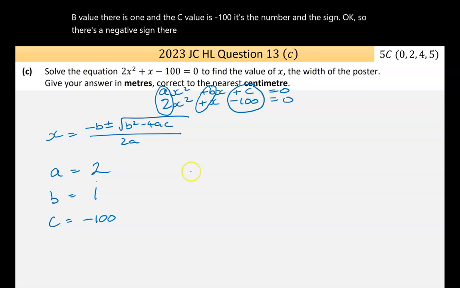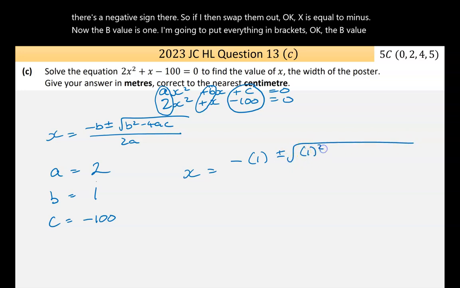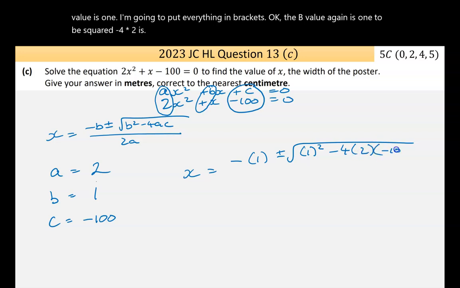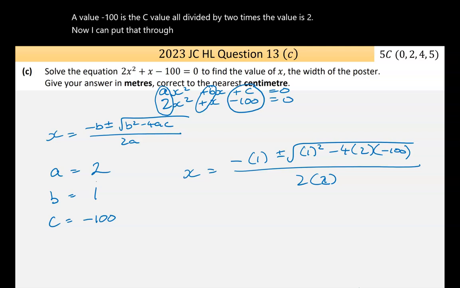So if I then swap them out, x is equal to minus, now the b value is 1. I'm going to put everything in brackets. The b value again is 1 to be squared, minus 4 times 2, which is the a value, times minus 100, which is the c value, all divided by 2 times the a value, which is 2. Now, I can put that through the calculator.